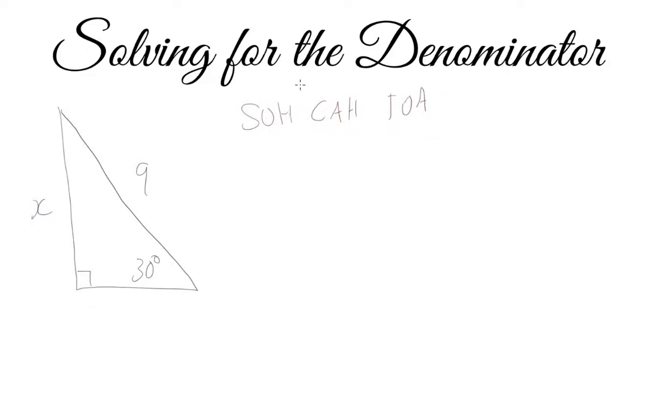And using that, we need to work out what we're using here. Sidewise, this is the hypotenuse, this is the opposite. So hypotenuse opposite would be sine here, and we said that sine theta, or in this case sine 30, equals opposite over hypotenuse, which is x on 9.